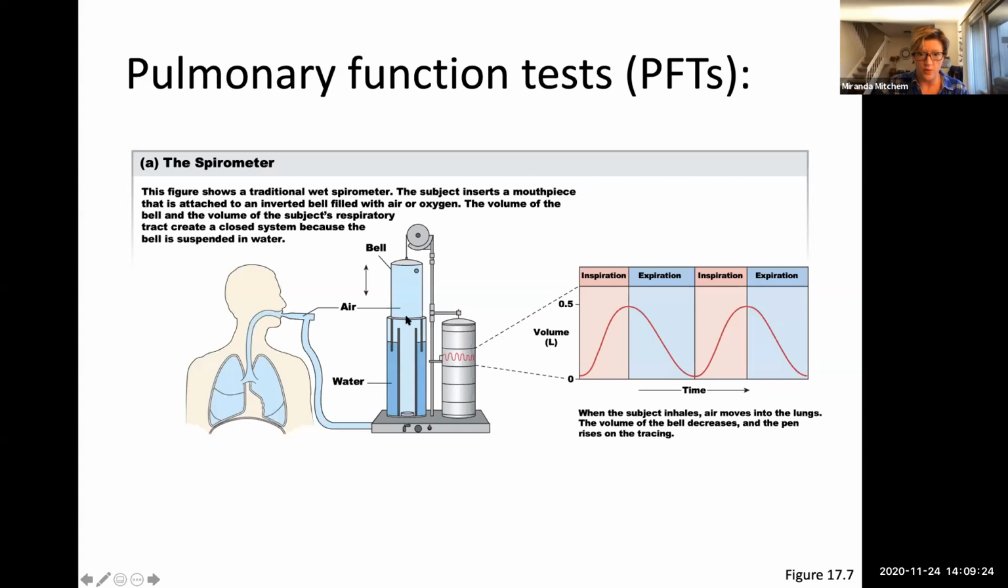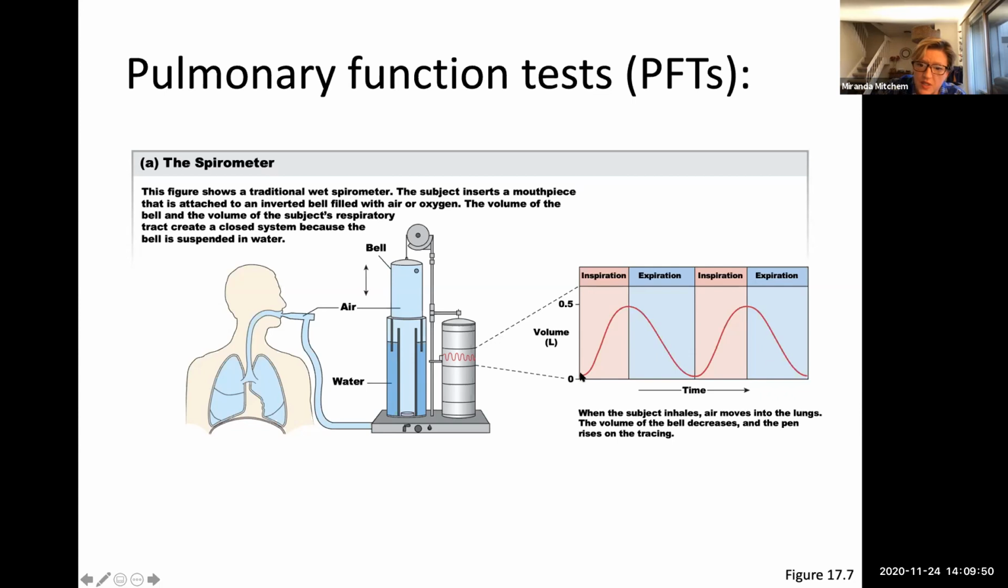So it fills with air and then it rises. And it's connected to a chart recorder, just something to graph the changes. And so as the bell moves up, when the person exhales and blows air into it, we see a movement in the graphing part of it.